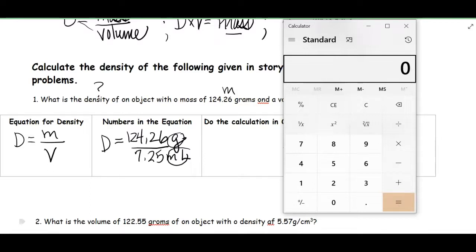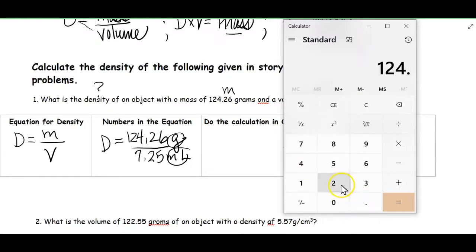And you don't get out your phones for this. We have a calculator on our computer. 124.26 divided by 7.25, just the numbers that were given to us, equals.